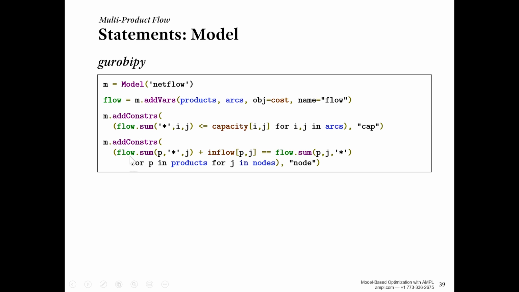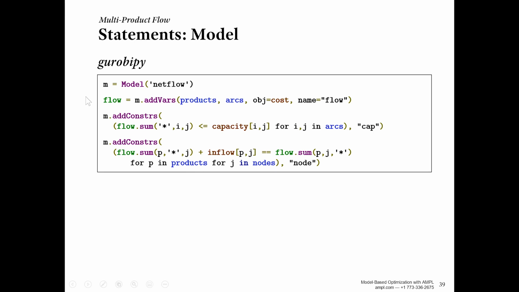And similarly here, the sum of flows plus the inflow equals the sum of flows out, for each product in each node. So you see that they've manipulated Python in a way so that you can write something that's sort of like an algebraic description. All its parts correspond to the parts of the algebraic description.